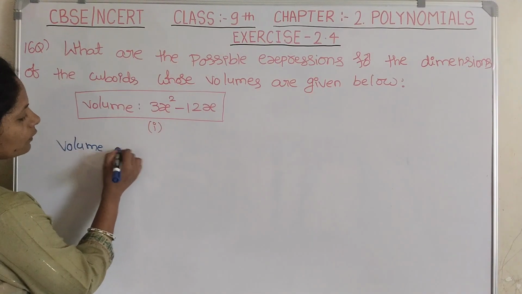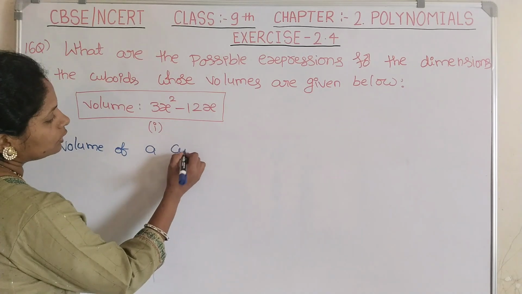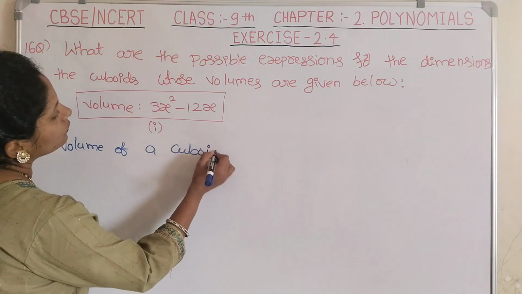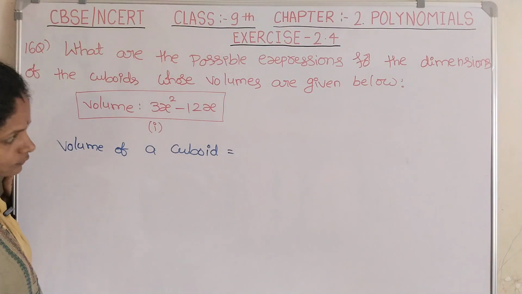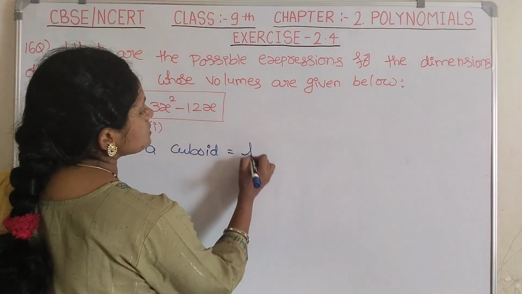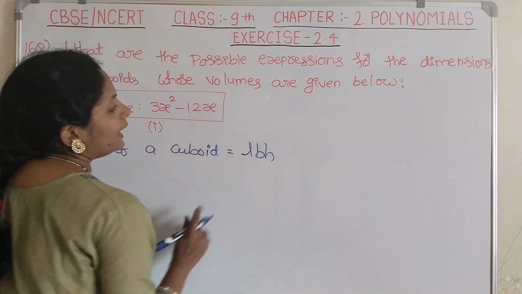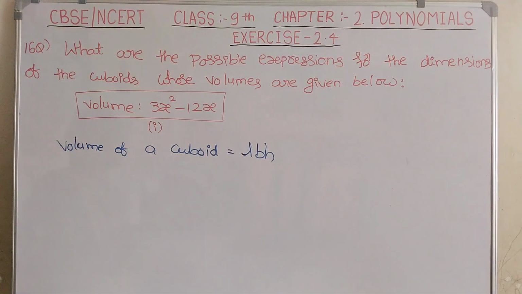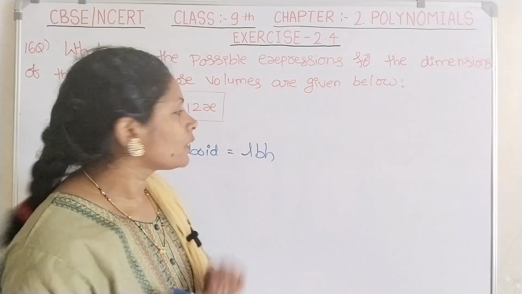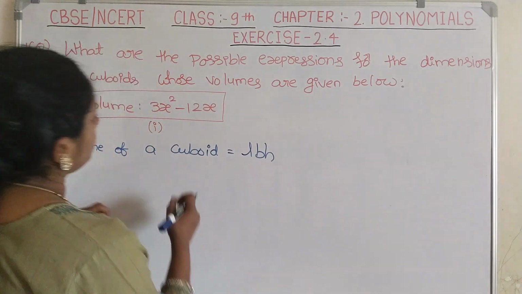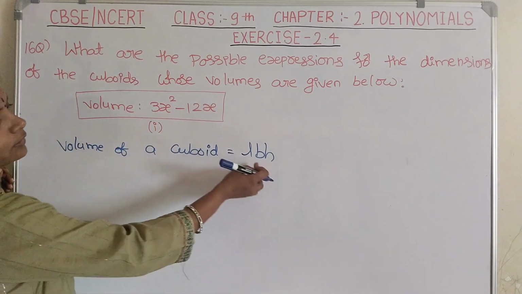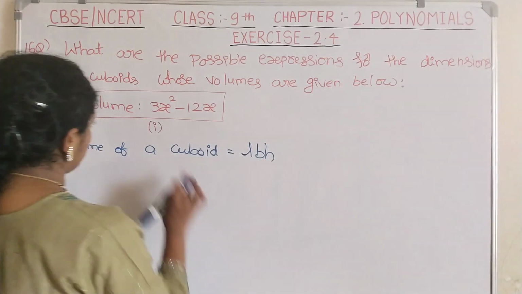Volume of a cuboid is LBH, L into B into H. This is a solid shape. Volume of a cuboid, the formula is LBH.